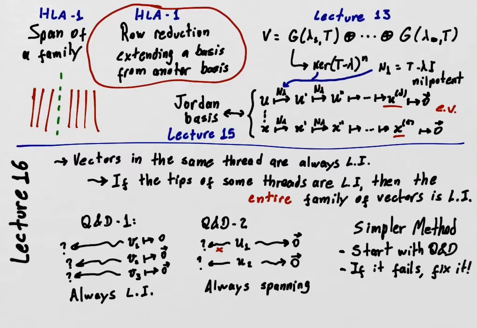And then in that case, the one thing we can do very efficiently is write them as columns instead of rows, and perform row reduction. What's the point of performing row reduction? It is just to identify which ones of these you can still add without making the collection linearly dependent.